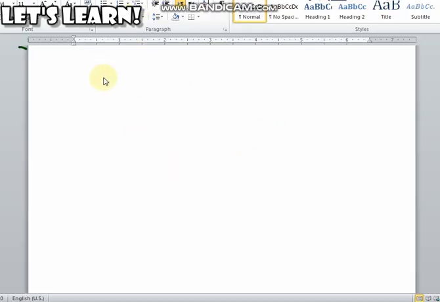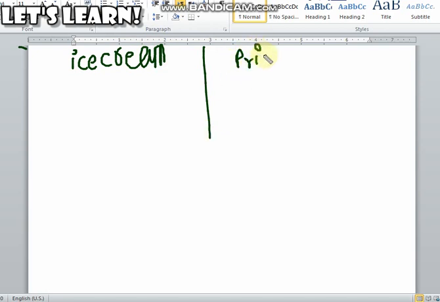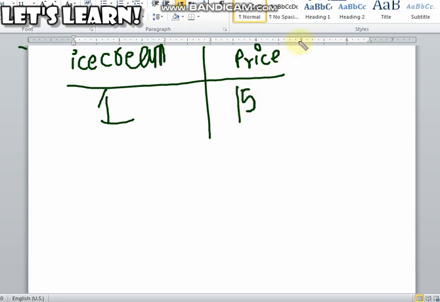Now I'll be teaching you how to change a direct proportion relationship into an equation. If you remember, we were talking about ice creams and their price, or the cost. We said that one ice cream was rupees 15, so 5 ice creams cost rupees 75.